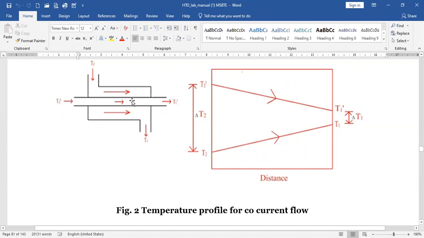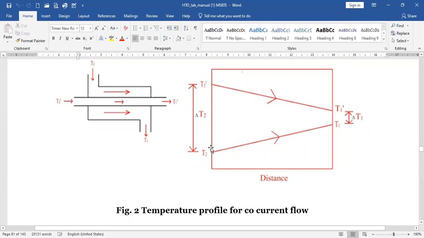This arrow clearly indicates that the inner pipe flow is from left to right, and in a similar way the outer pipe flow is also from left to right. So both arrows clearly show that these fluids are in parallel conditions, that is nothing but co-current flow.